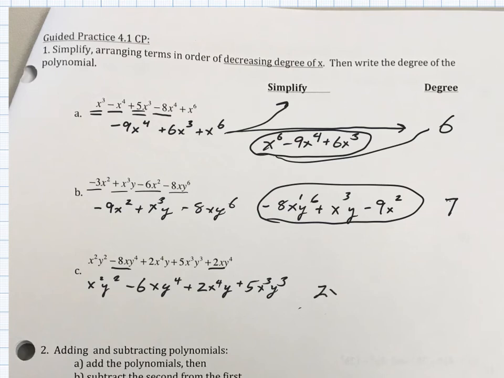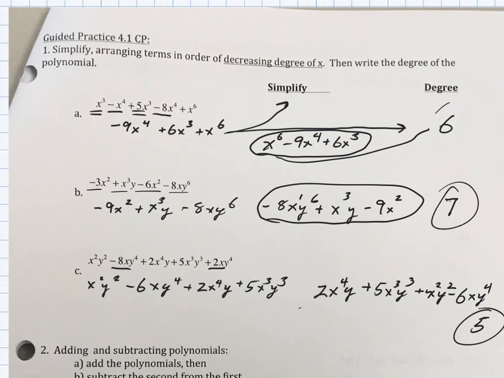So it should be 2x to the fourth y plus 5x to the third y to the third, plus x squared y squared, minus 6x y to the fourth, and the degree is 5. All right, how are we doing?